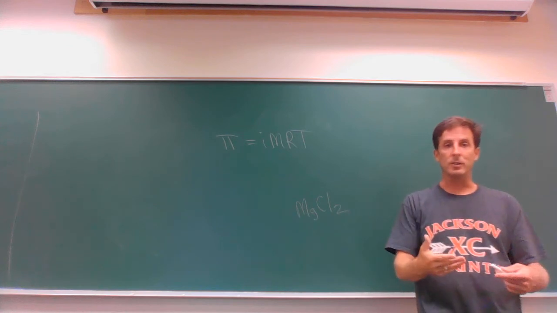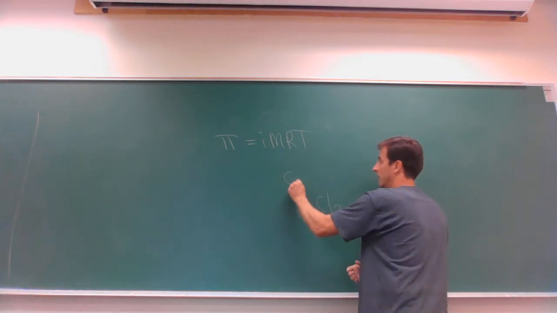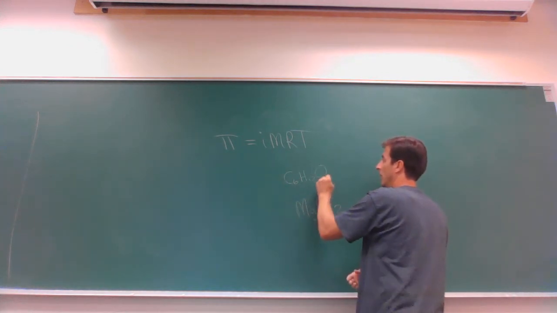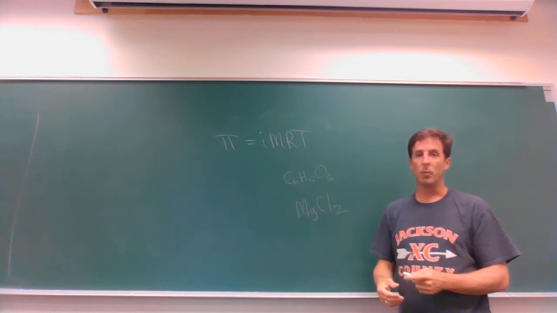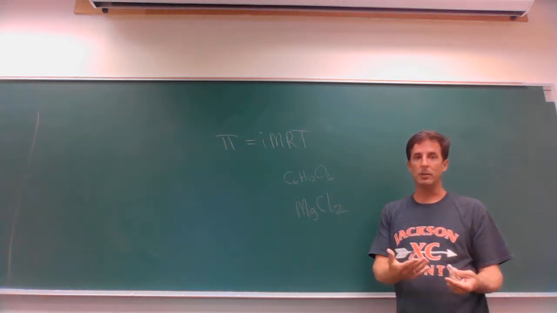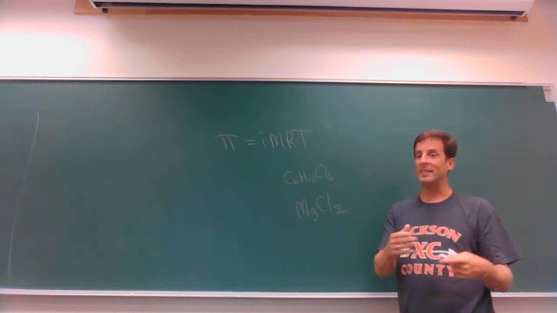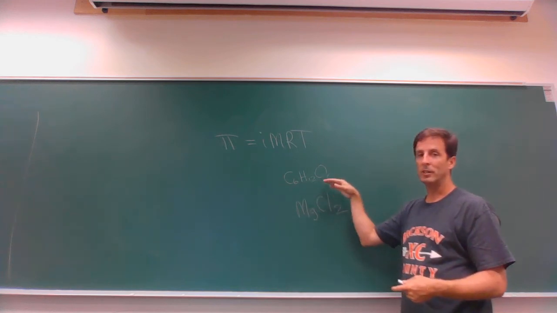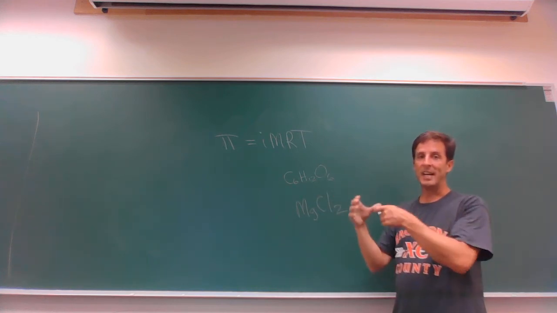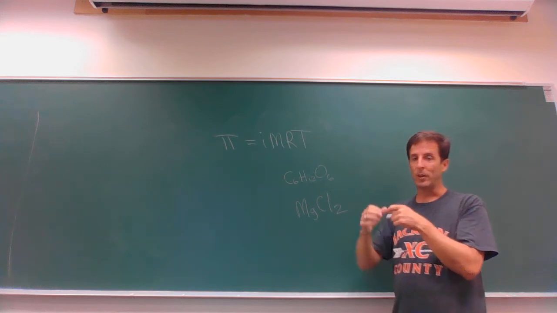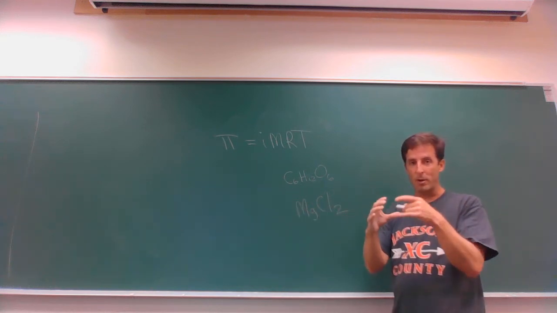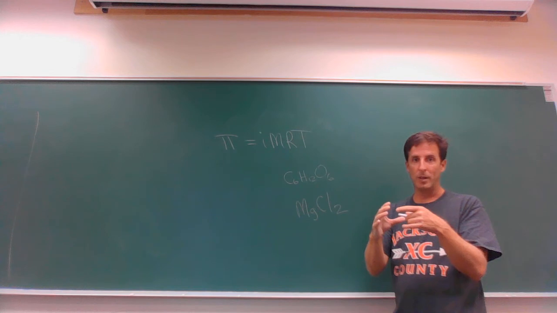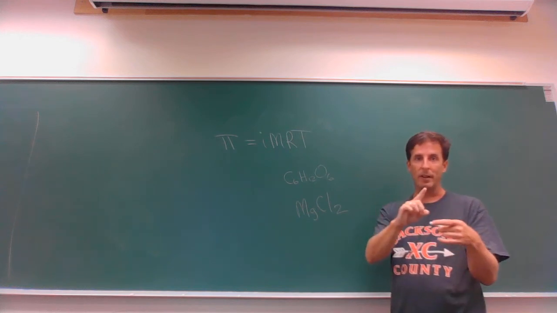What about glucose? C6H12O6. What's the i value for glucose? Well, if you remember, when you dissolve glucose, each molecule stays intact. The crystal breaks up, but each particle is a whole molecule and it floats around as one thing.